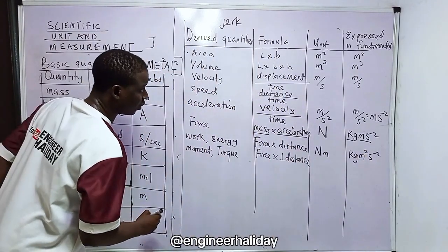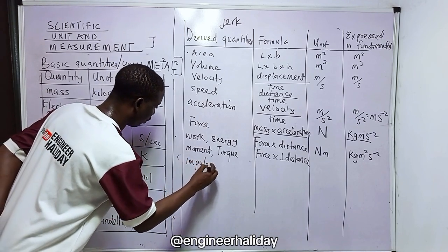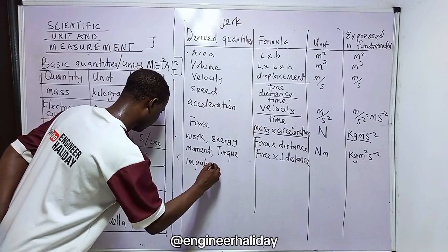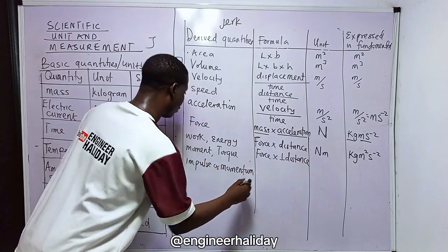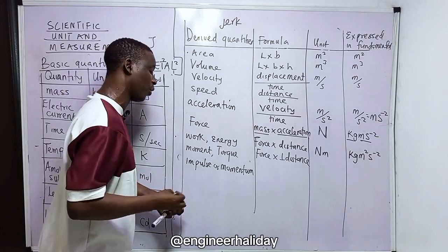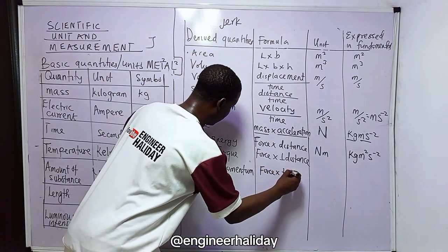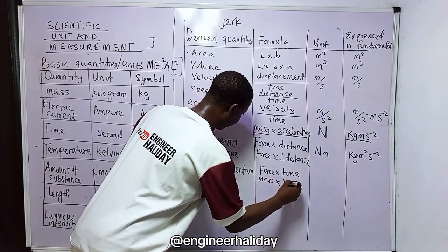Now what about another word called impulse, or momentum? The two of them are the same in terms of units. Force times time is impulse. Momentum is mass times velocity.